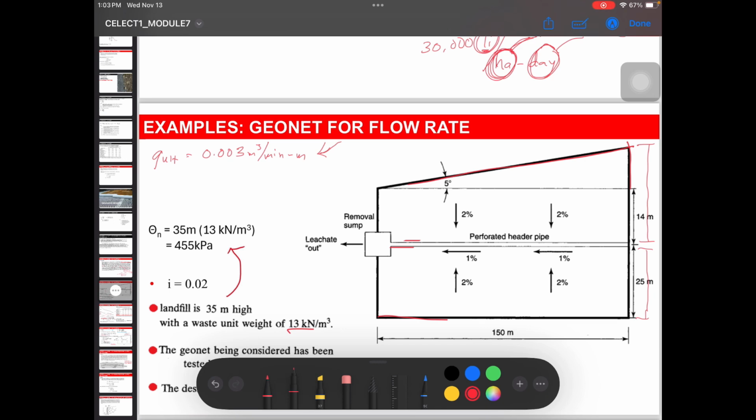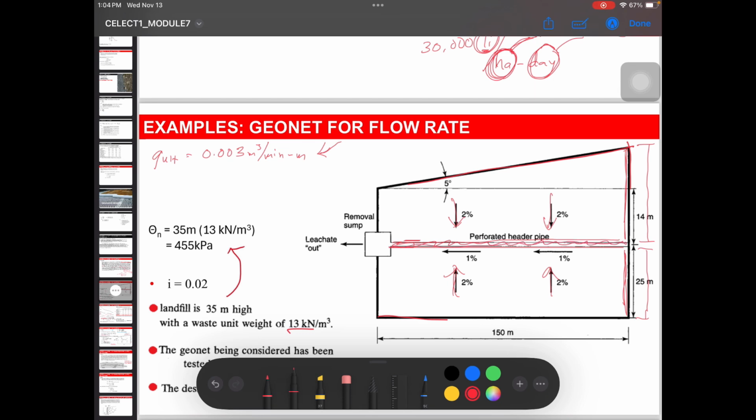Siyempre, yung critical width. Kung matitingnan ninyo, di ba, may perforated header pipe dito sa gitna. So, it's subdivided yung landfill natin into two parts, itong dito, and then ito. Kasi may kanya-kanyang grade sila. Yung upper part may grade downward pa dito, 2%. And then yung lower part may grade siya papunta kay header pipe. So papunta silang dalawa dito.